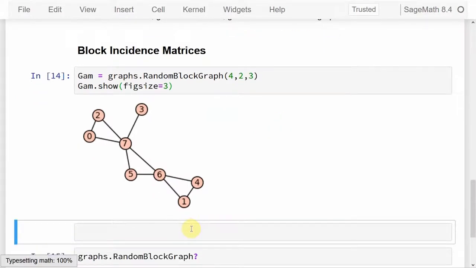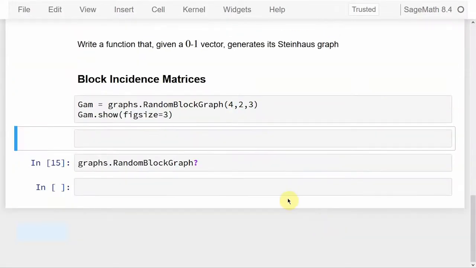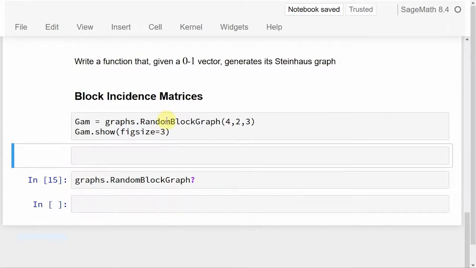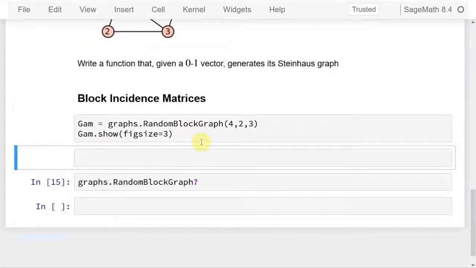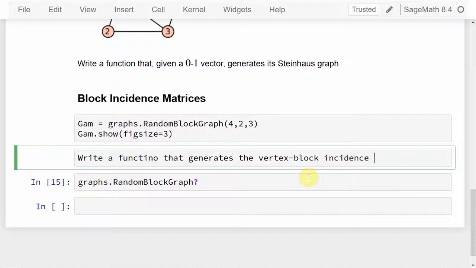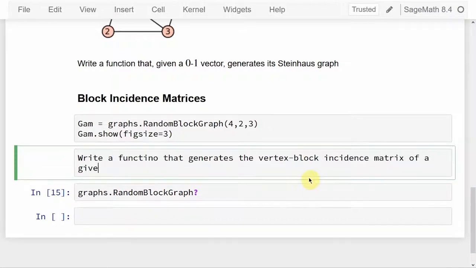So once you understand this, the task is: write a function that generates the vertex block incidence matrix of any given graph.